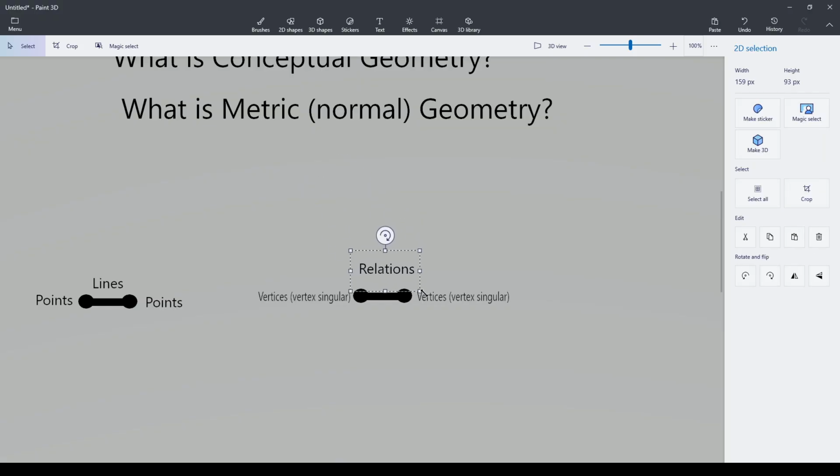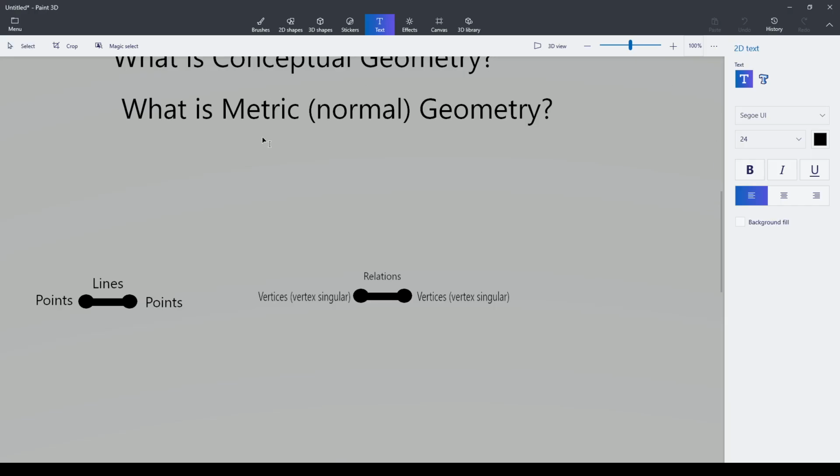So there's one more thing that needs to be said: vertices are one name for them, but the more technically correct name, let me put that in parens, is data points.